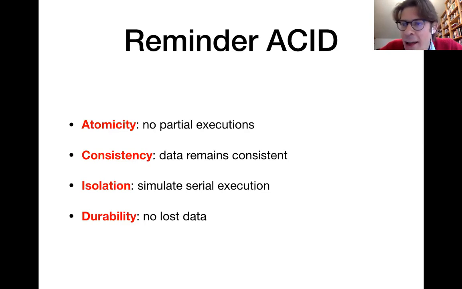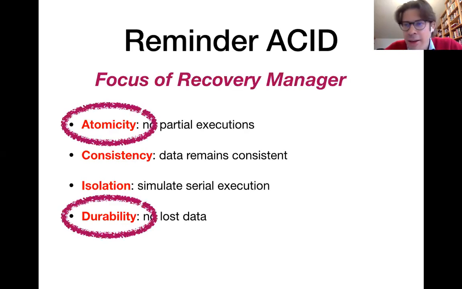And finally, we have durability, which means that we do not lose data that belongs to committed transactions. Now, the recovery component essentially takes care of those two properties. First of all, atomicity, and then durability.